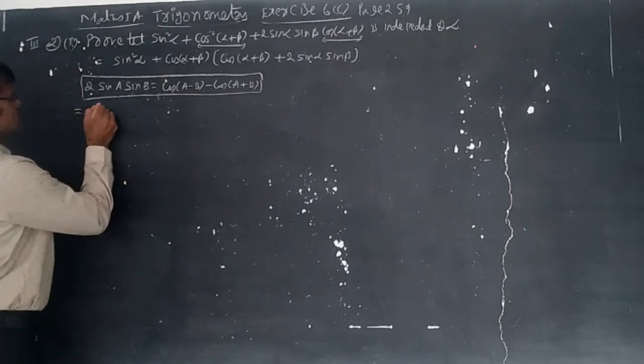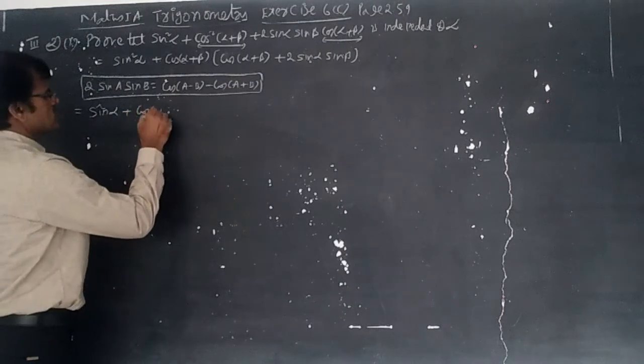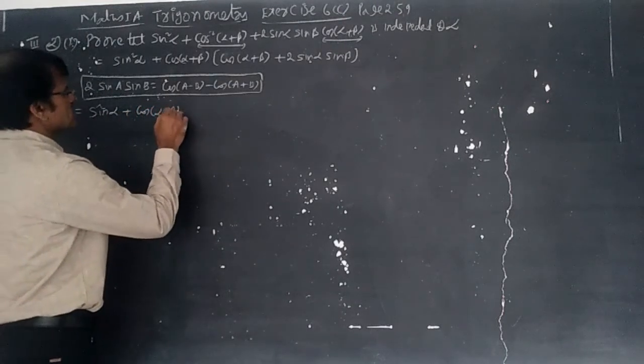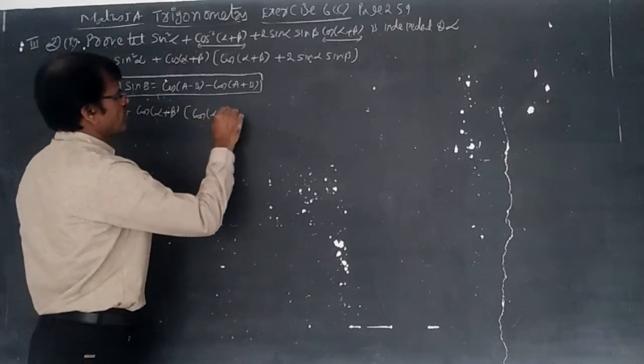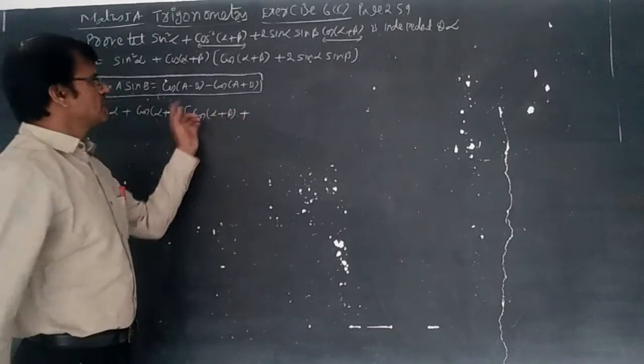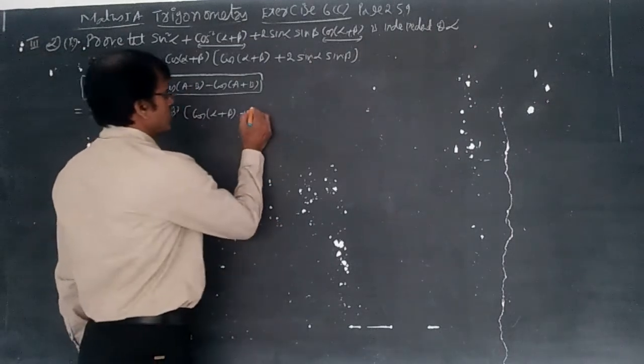That is equal to sin square alpha plus cos of alpha plus beta into cos of alpha plus beta plus, writing this formula, 2 sin a sin b is equal to cos of a minus b minus cos of a plus b.